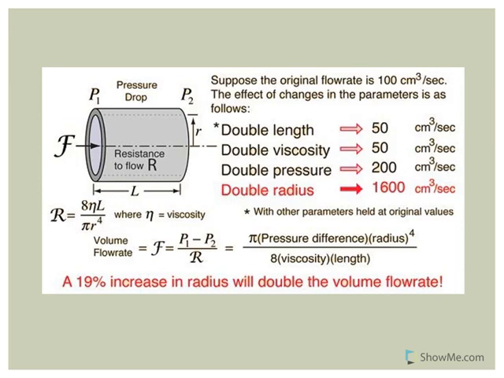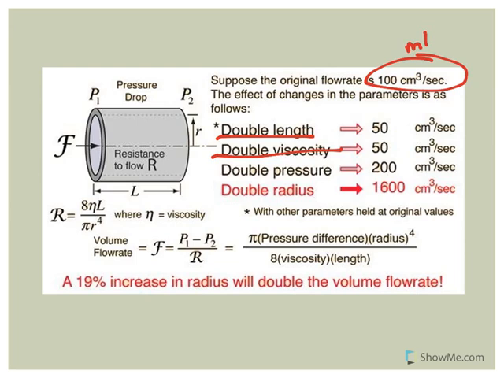So if I double the length, I have increased resistance. Notice I've gone from 100 cubic centimeters per second, which actually is cubic centimeters a minute, I halved it. Okay, so you double the length, you halve the flow rate. If you double the viscosity, that also increases resistance, and it halved that flow.